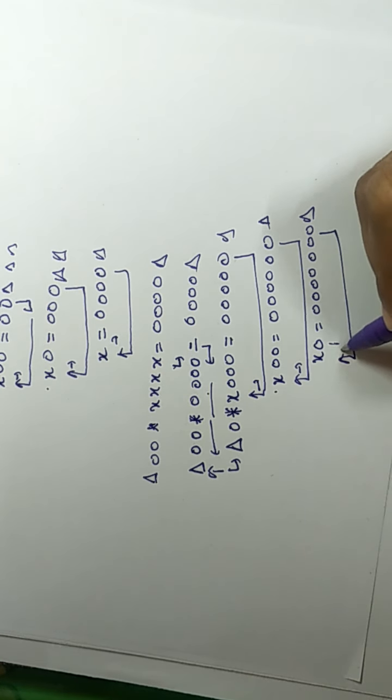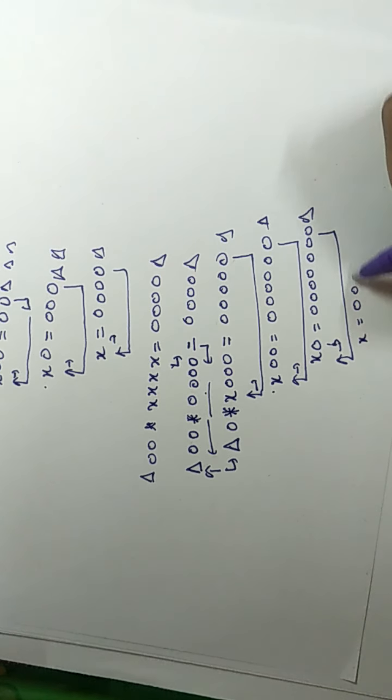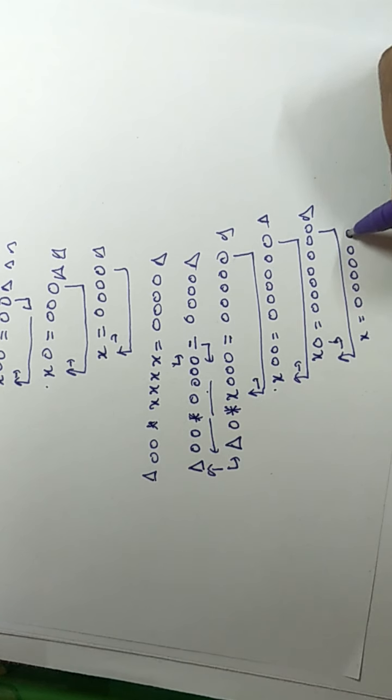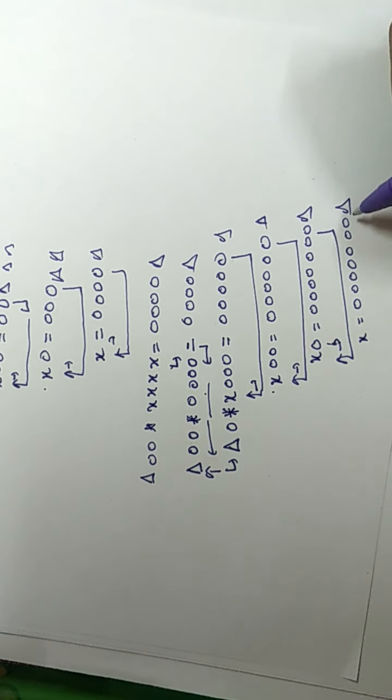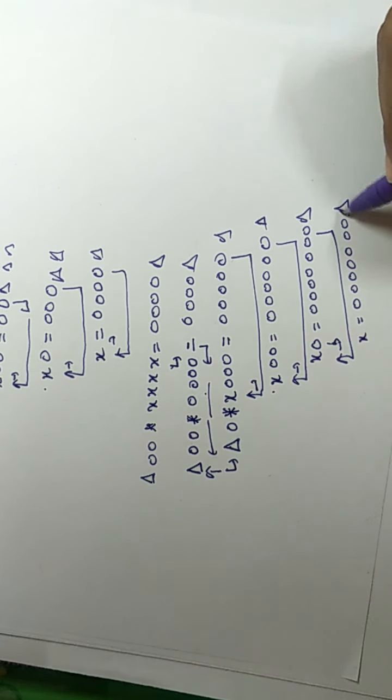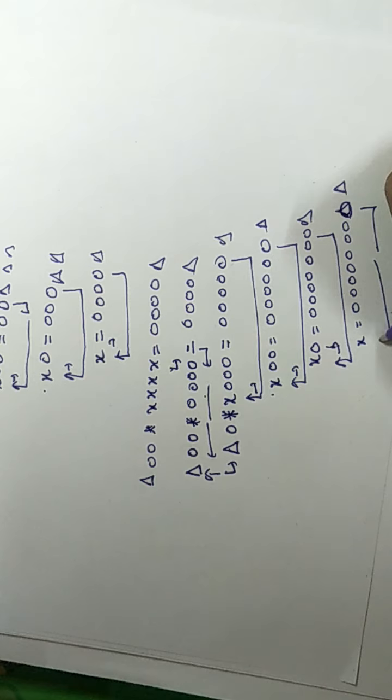We will convert this 0 as x and move forward and make this blank to 0 and come back till this x.